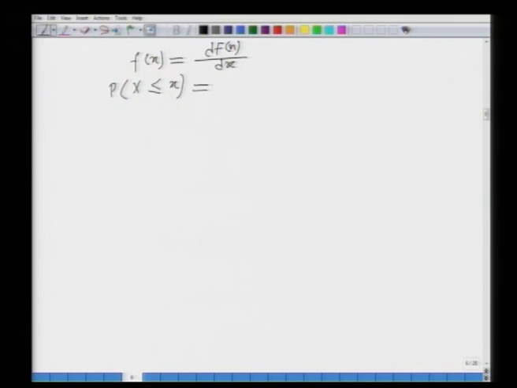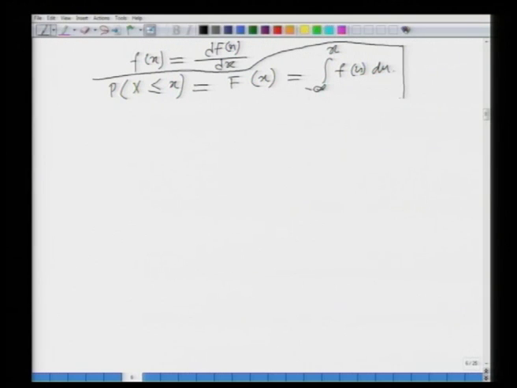This is given by your CDF, which is the integral from minus infinity to x of f(u) du. So, this is a very important result, through which we can find out the probabilities of different kinds.